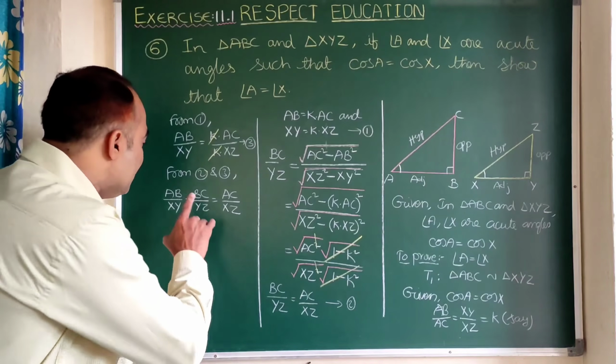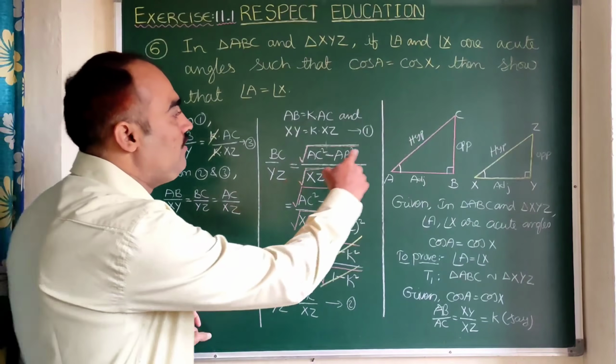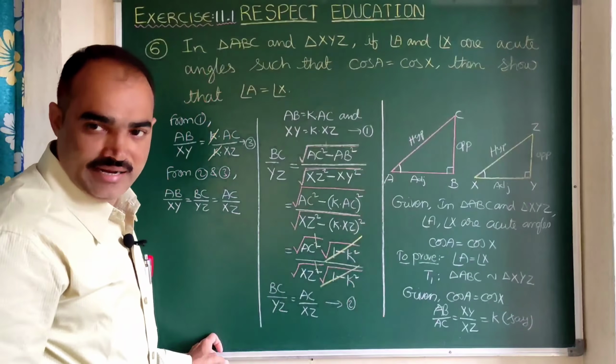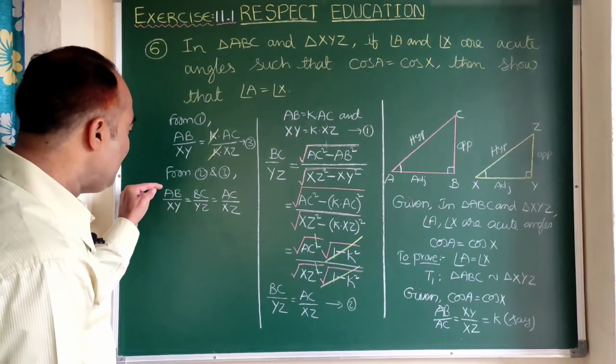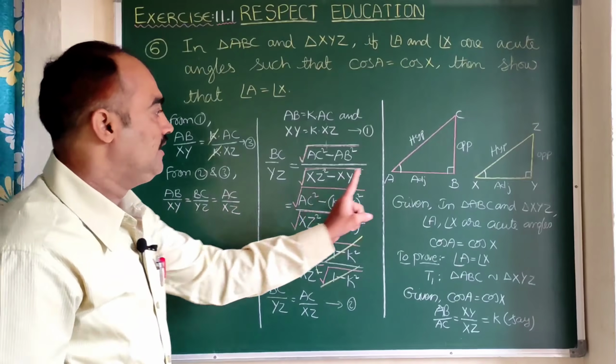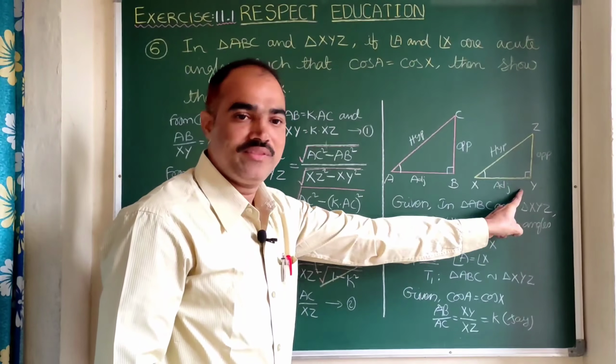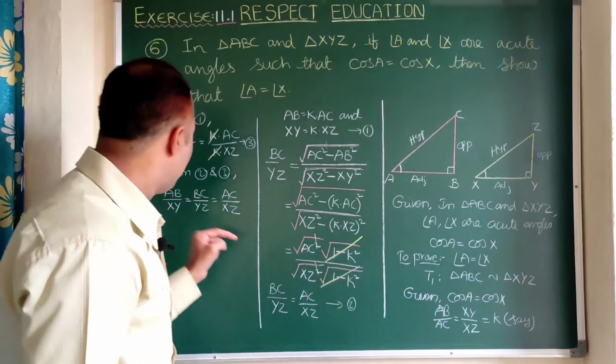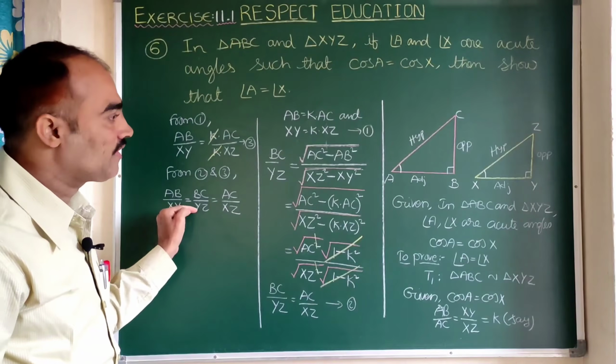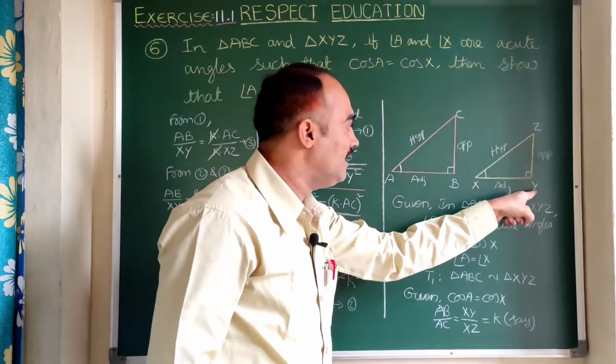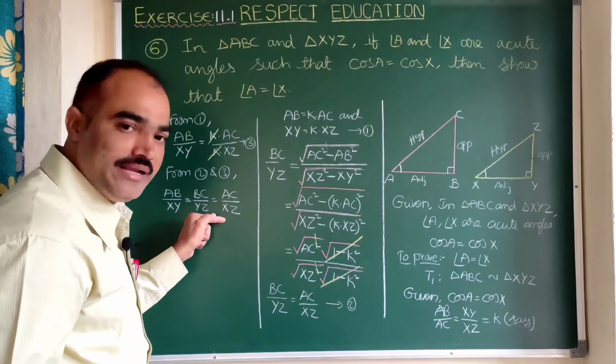Is it clear? This step you compare with the given triangles. Observe carefully. AB by XY equal to BC by YZ equal to AC by XZ.